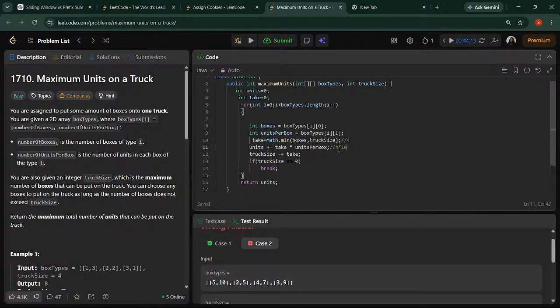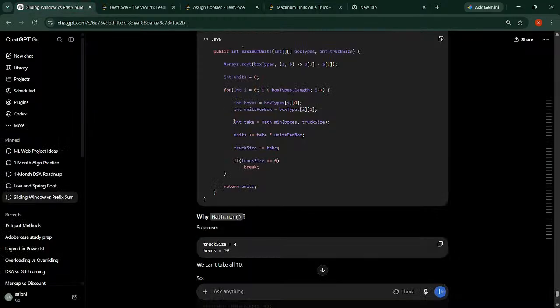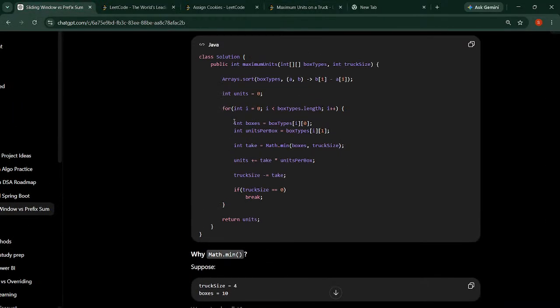I have 10 units, so it will be 40 units, and then minus truck size equal to minus take. It should be take or what? It should be minus take. Truck size equal to 0, break. Fine. And units equal to 0.